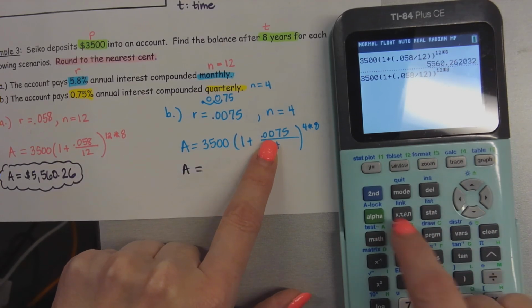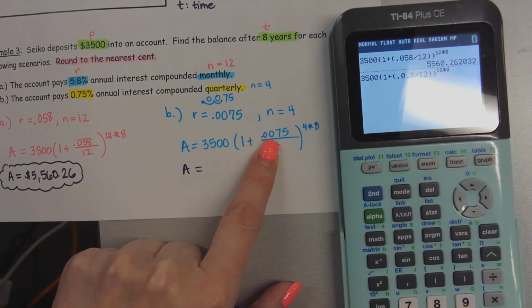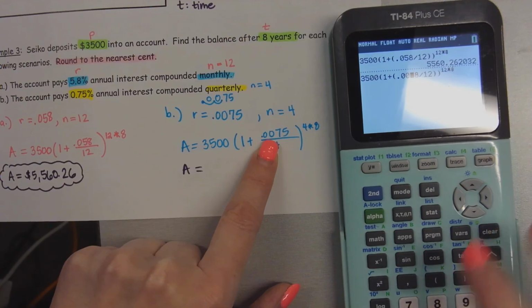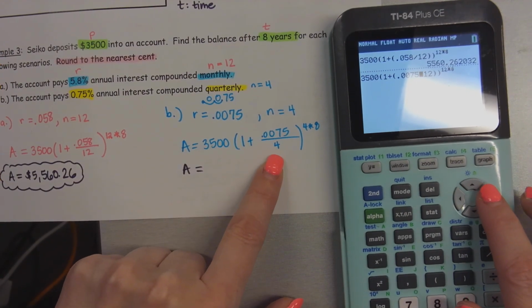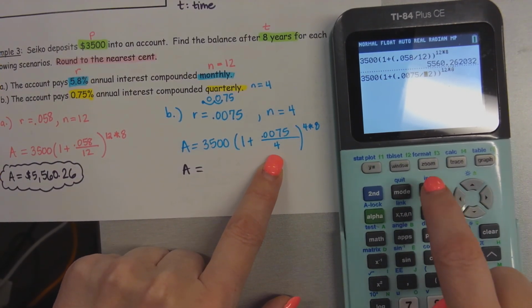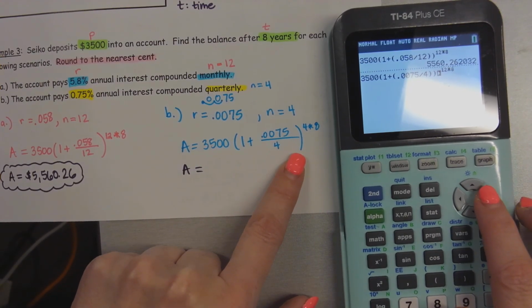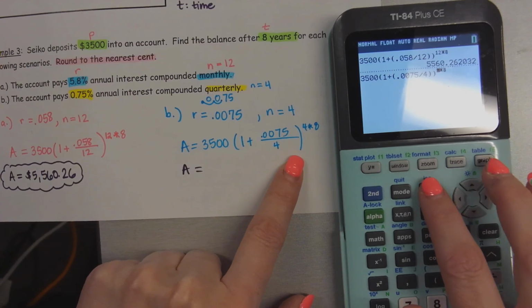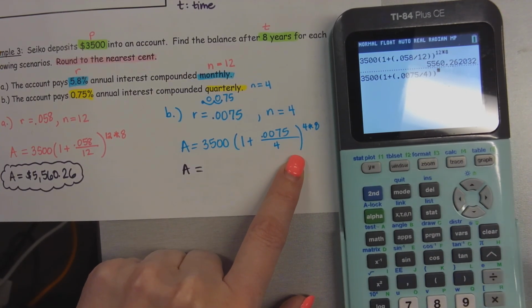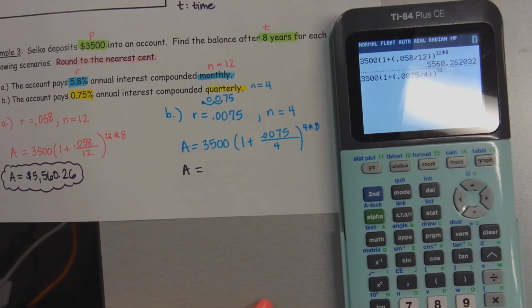Then you can go to second insert and make it 0 and then 75. Some people think it's easier to start over, and that is valid. Then I would just put in the 4 times 8, which is 32.